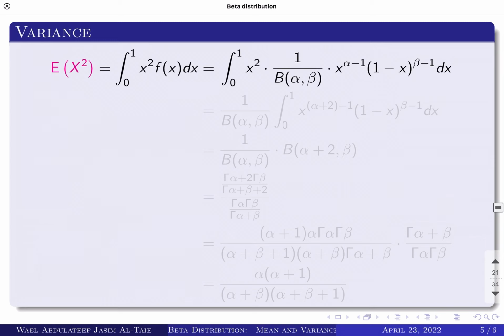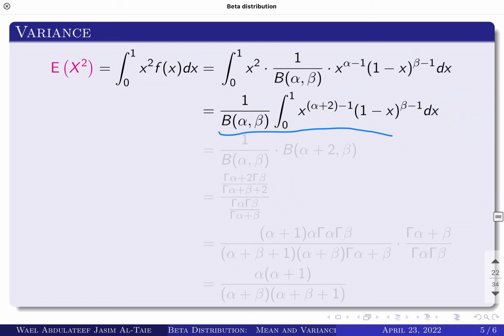Again we will write this one, but this time it is x squared times the probability function of the beta distribution. Then we can see this one and this one have the same base but different powers, so we just add the powers, like 2 plus alpha minus 1, which we can write as x to the power alpha plus 2 minus 1.